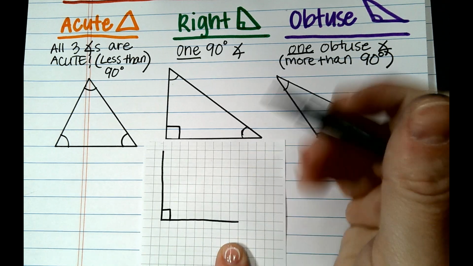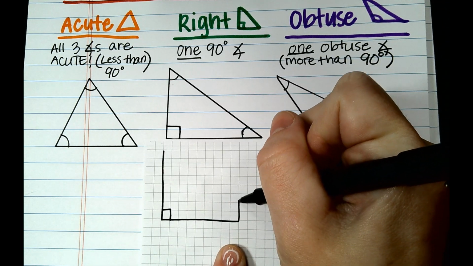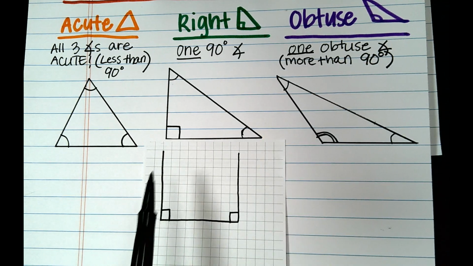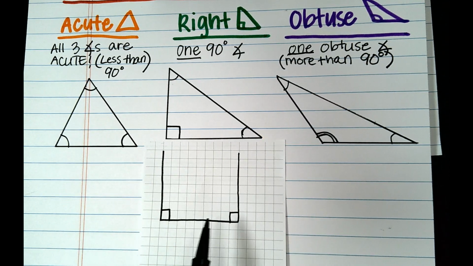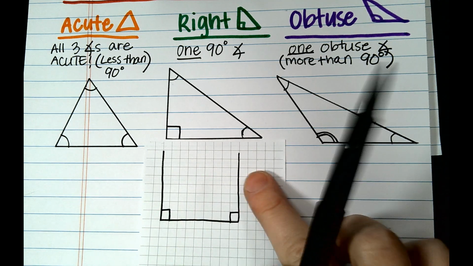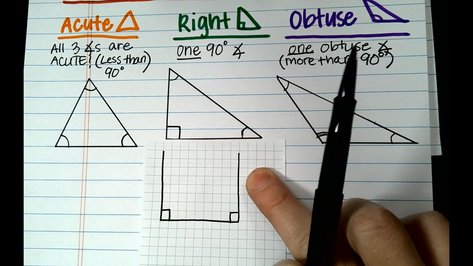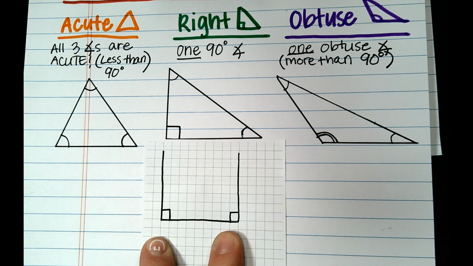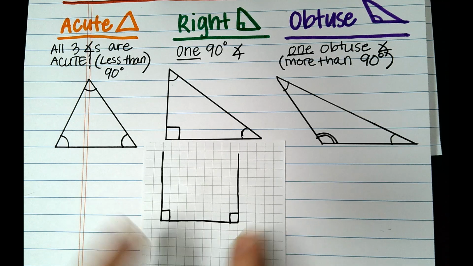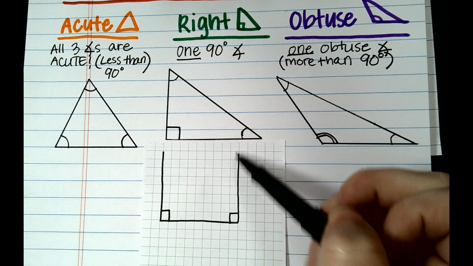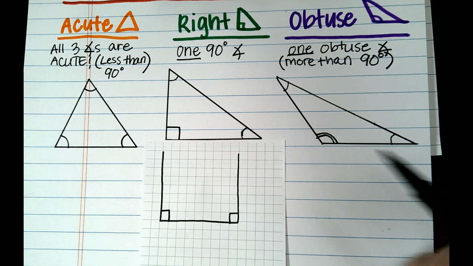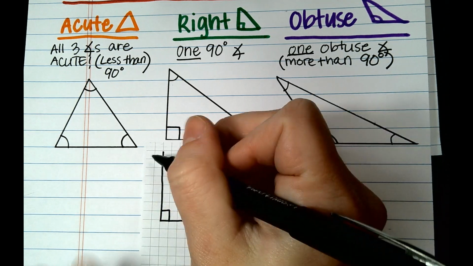If I made my next angle a right angle again, I can only have three sides and three angles with the triangle. There is no way I can make this third side connect to the first side with two 90-degree angles. This will never be a triangle, ever, no matter how hard you try. I mean, you can try to connect it with a curved line, but now that's not a triangle. So that doesn't work.